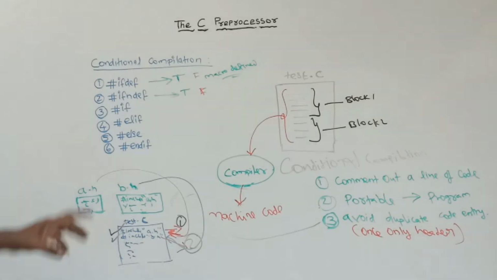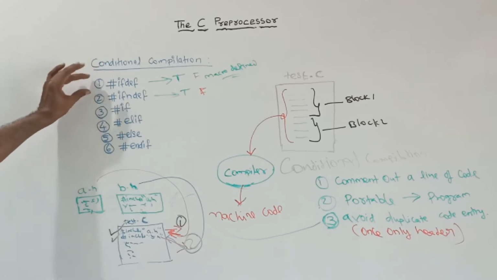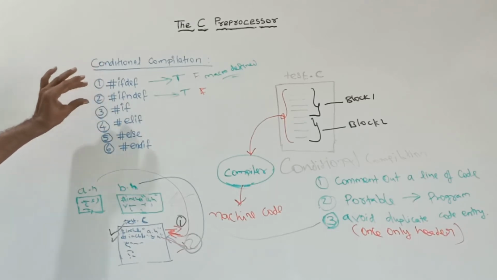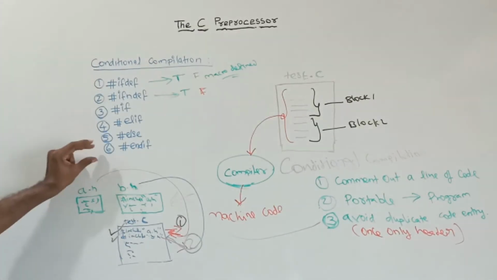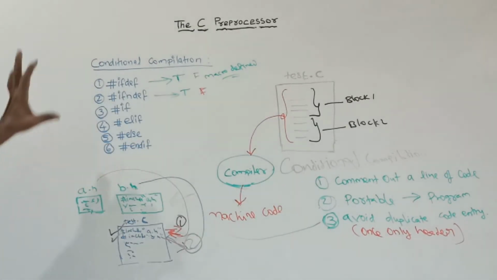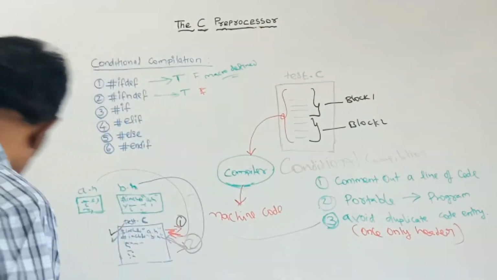Next, elif is nothing but just like else if. Whenever we include an if, ifdef or ifndef, we should end that conditional part with endif. Now let us see one by one with simple examples.